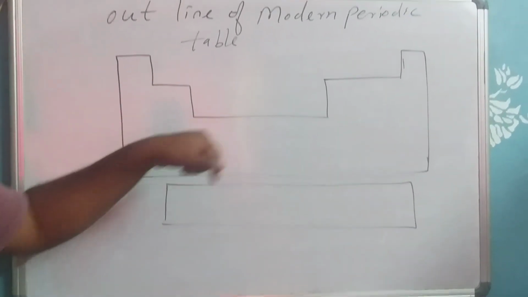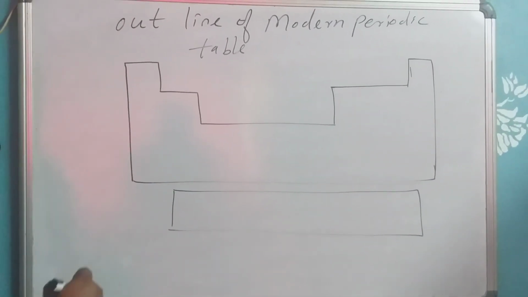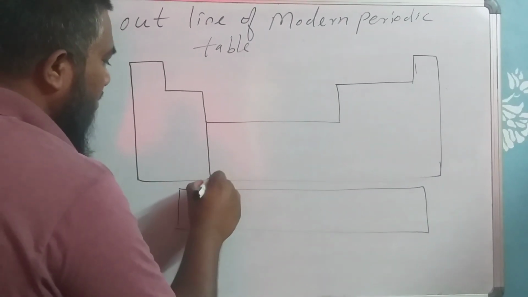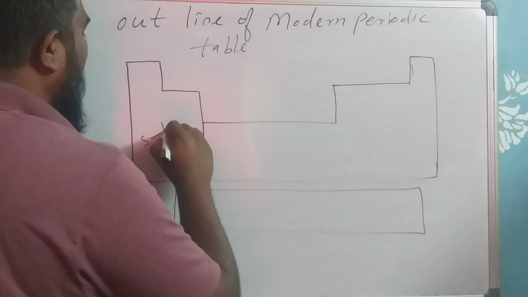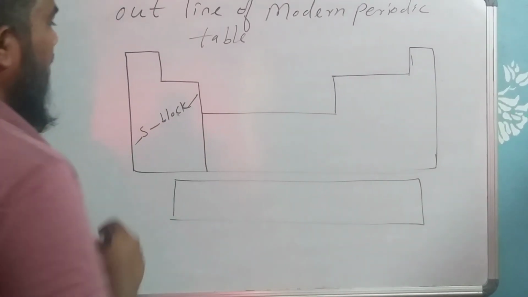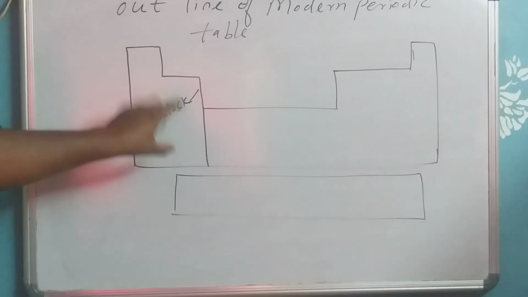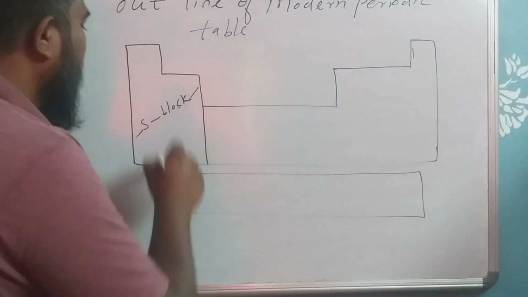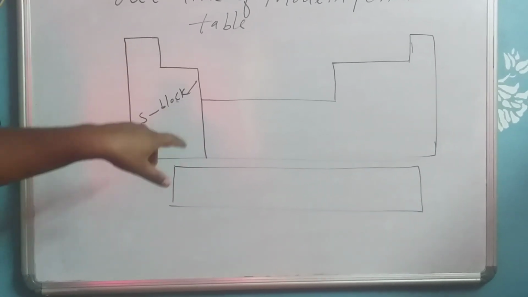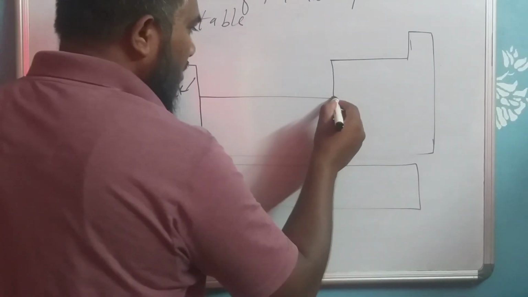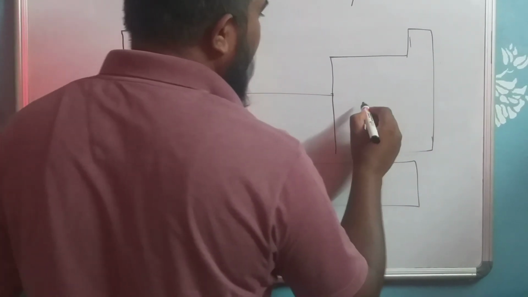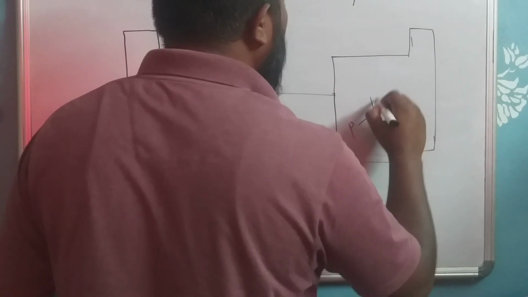That is the outline of the modern periodic table. No need to write all elements inside it. Now this is the S block. It contains two groups or two columns. Now draw this line, and this part gets separated; this is called the P block.